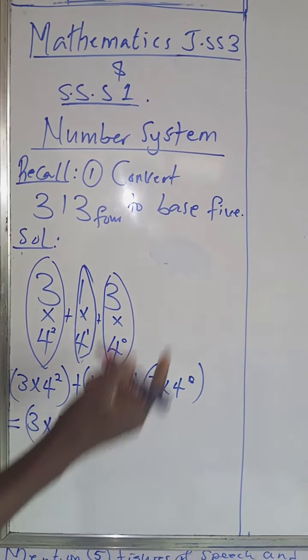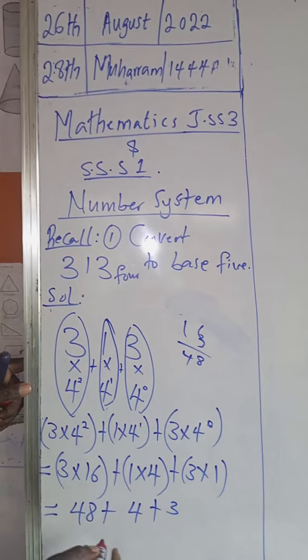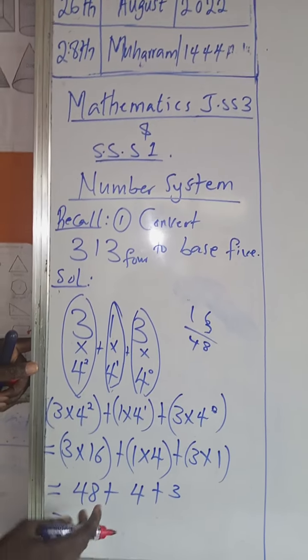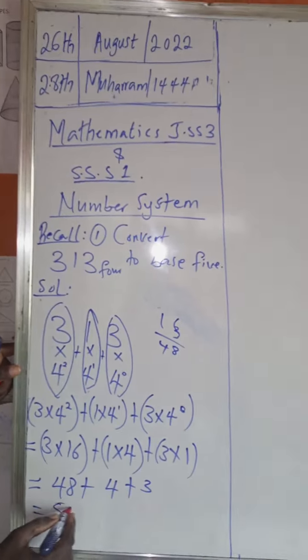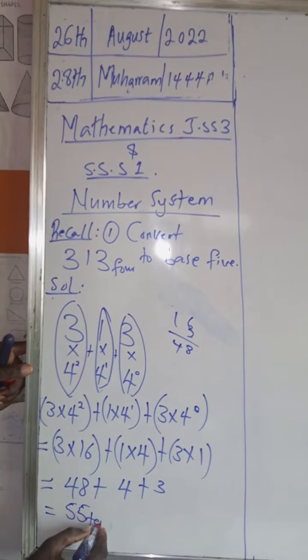So this one therefore will give us 16 times 3, that's 48, and this one gives me 4, and this one 3. So finally, this one will be 52, that's 55. We have 55 base 10.